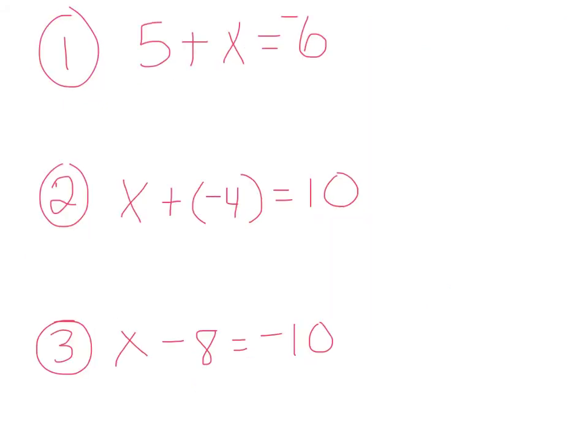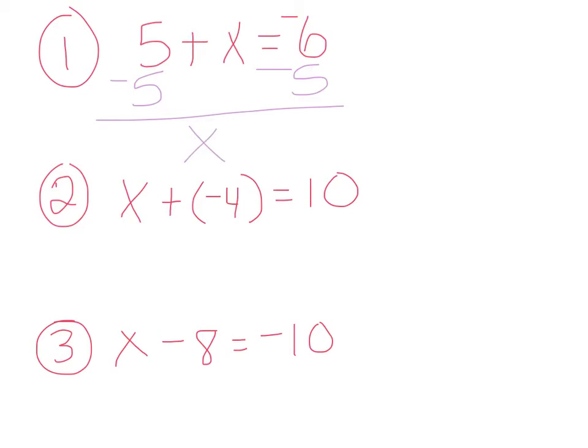Alright, let's look at a few more. 5 plus x equals negative 6. What we want to do is get rid of the 5, because that is on the same side as the x. We're trying to get the x by itself. Okay? So you always work on the side where the x is. So we want to subtract 5 because it's a positive 5.